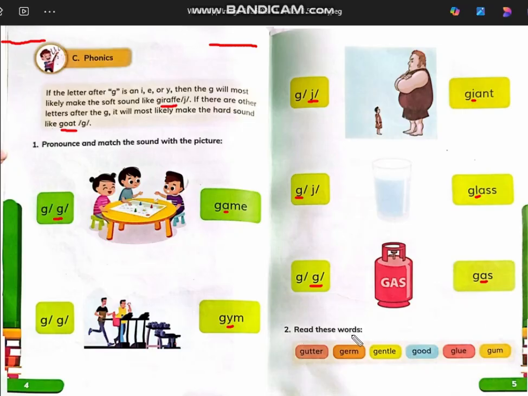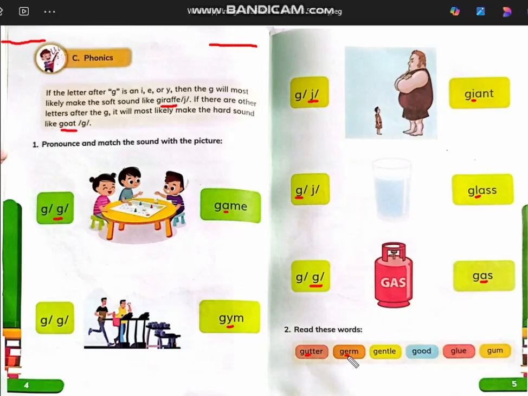Now, we have to read these words by judging the letter after G. In the first word, the letter after G is U. So, due to the presence of U, the G is going to produce the hard sound, and the word will be pronounced as gutter. In the next word, the letter after G is E, and the word will be pronounced as germ.